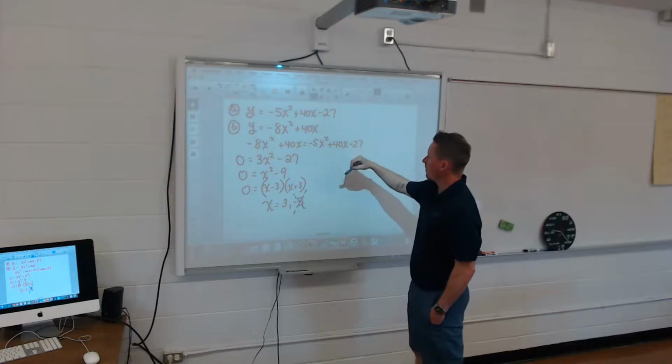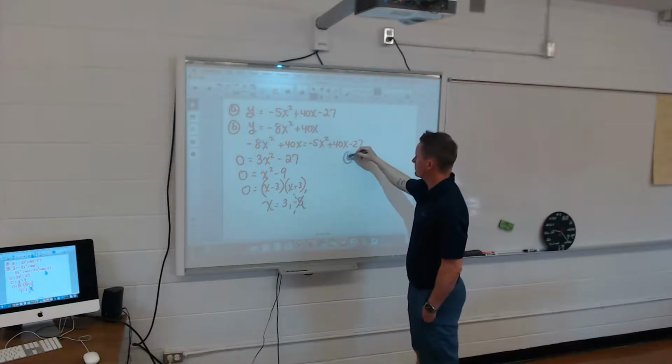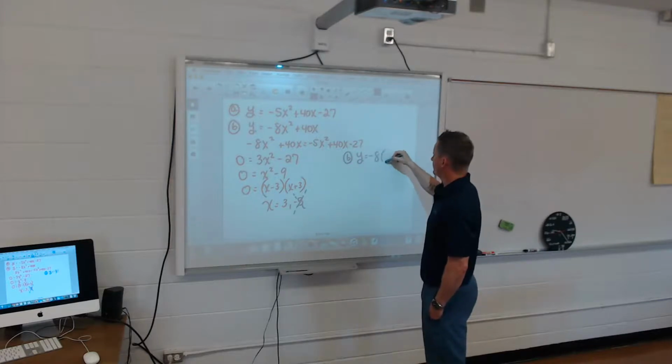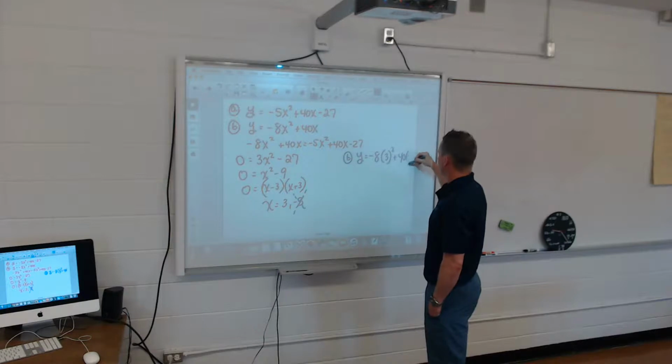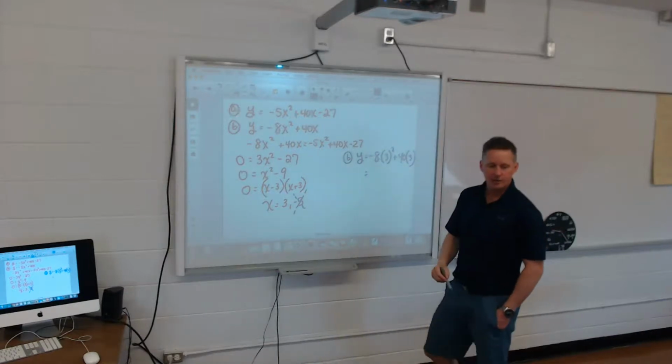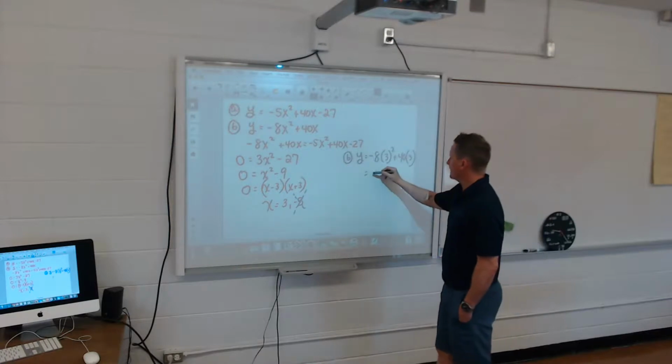So I'm going to use one of the two equations. I'll use equation B. Y equals minus 8 times 3 squared, add 40 times 3. 3 squared is 9. 9 times negative 8 is negative 72 plus 120.